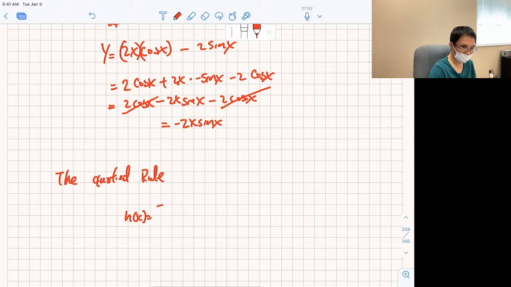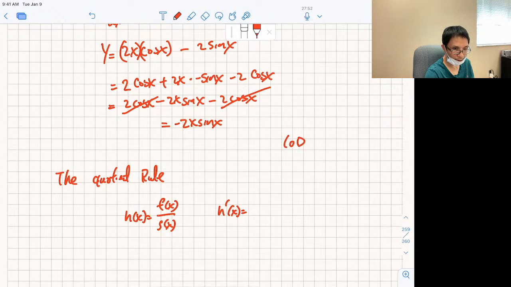So for f of x over g of x, if I take a derivative of this, it's going to be, remember this acronym, low d high minus high d low over low low.